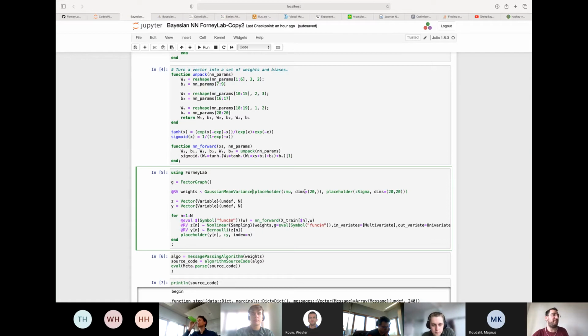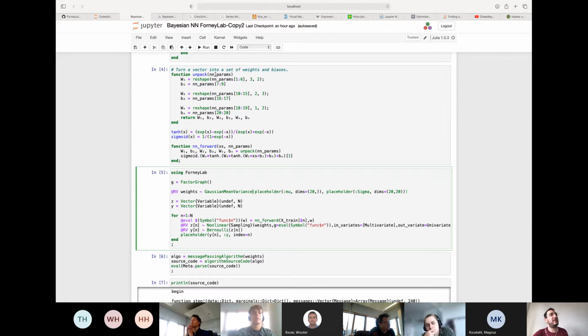Here, for example, you see that I'm putting a Gaussian prior on the weights, which is 20-dimensional. In the next step, I have these two functions. The first function is unpack. In unpack, I'm feeding it this large 20-dimensional vector, and this function splits this large vector into weight matrices and biases.